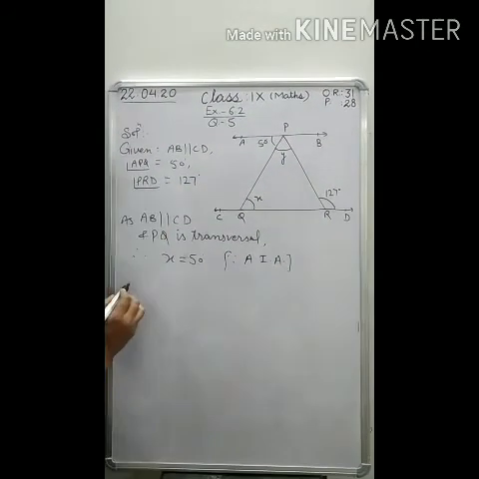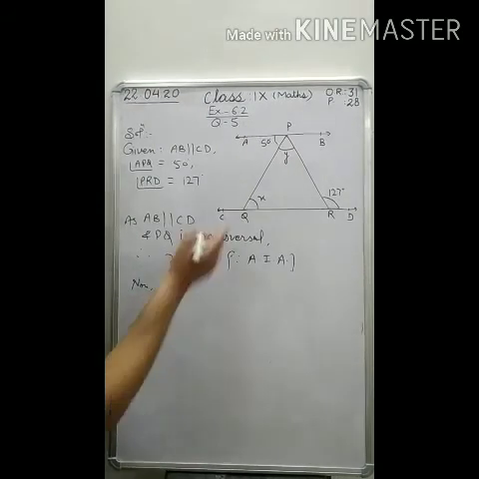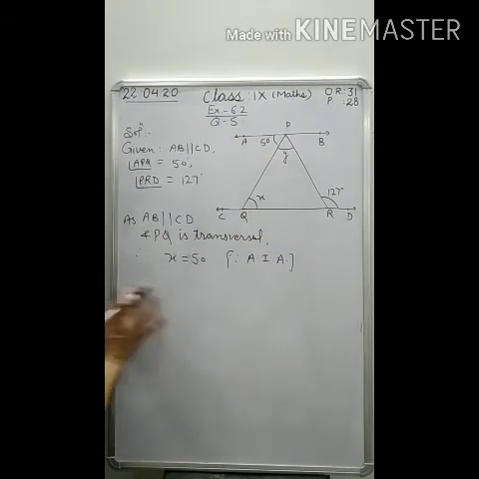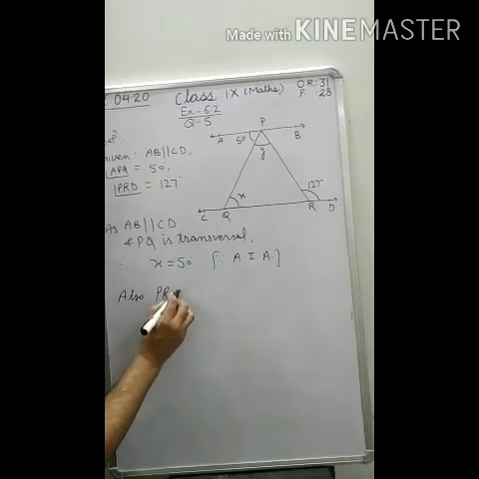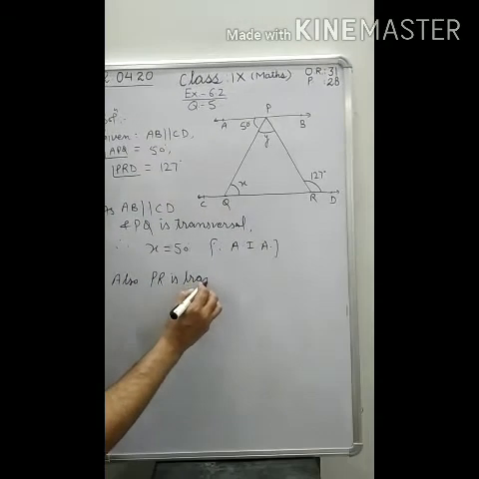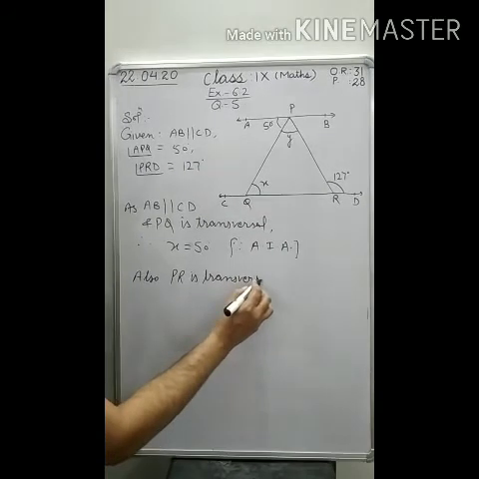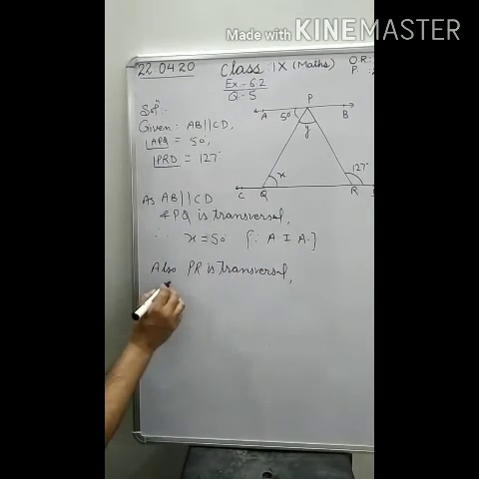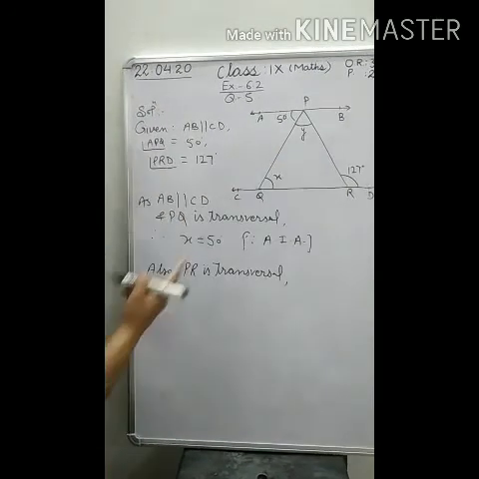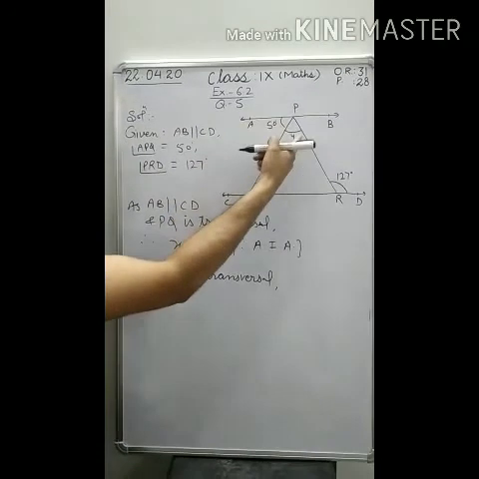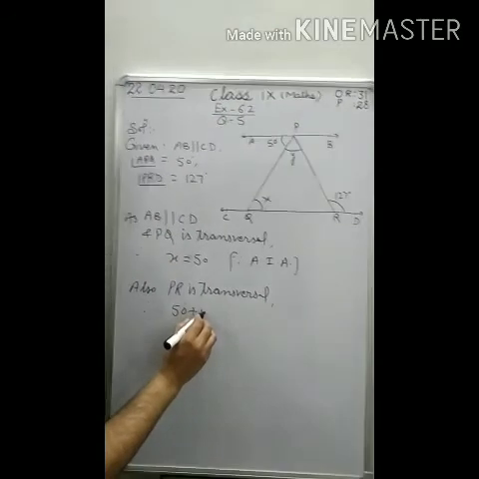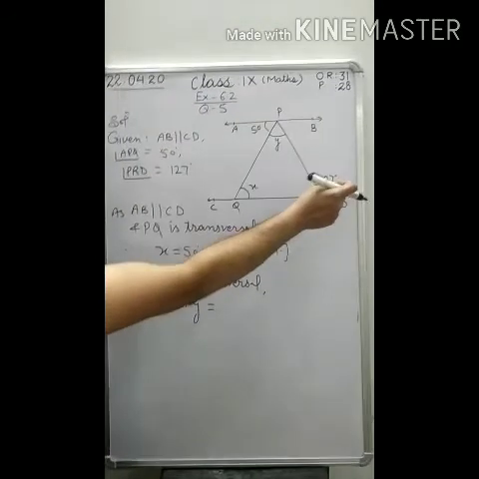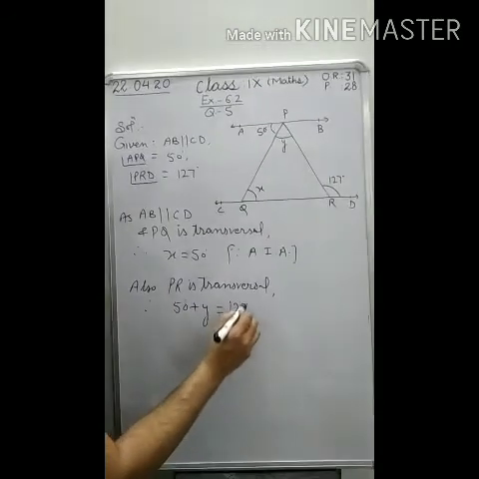Now you see, now PR, you write also PR is transversal. So therefore, if you take PR as transversal, this complete angle 50 plus y, that is equal to this angle, that is 127.